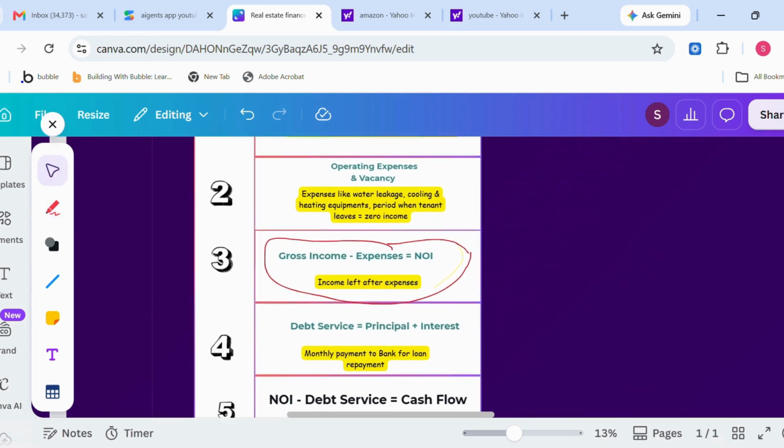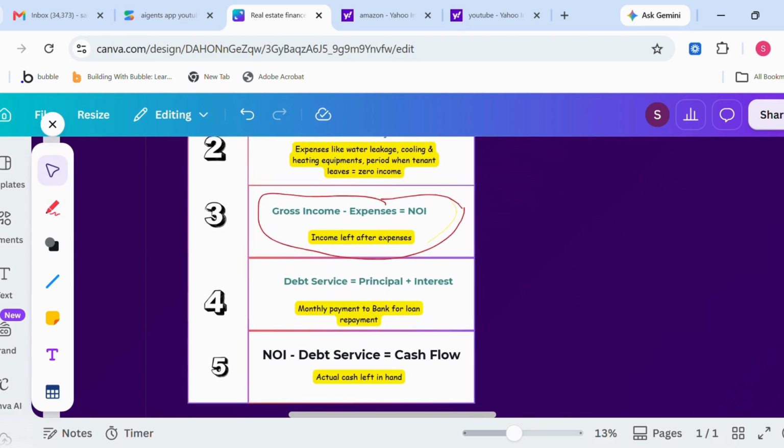Then we go down. Debt service. So debt service is a combination of two things, principal and interest. It's the monthly payment to the bank for the loan repayment. And then you get NOI minus debt service equals cash flow.